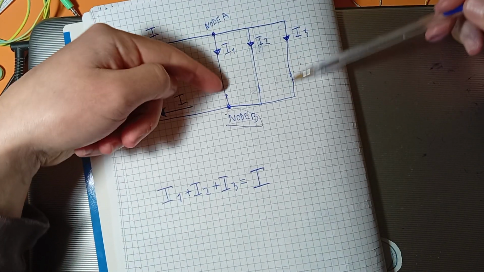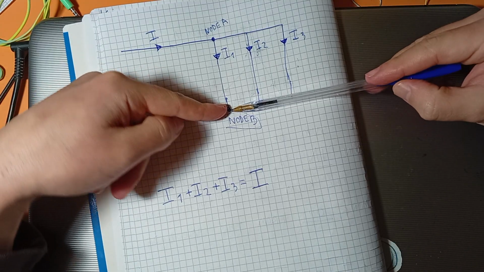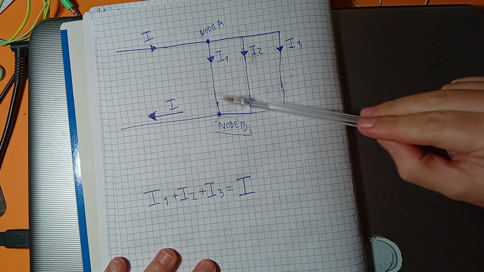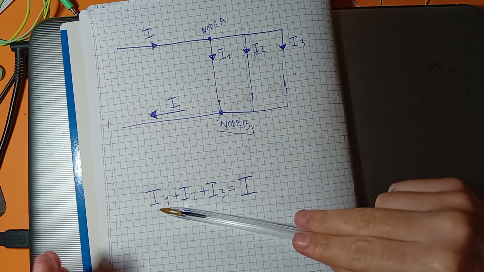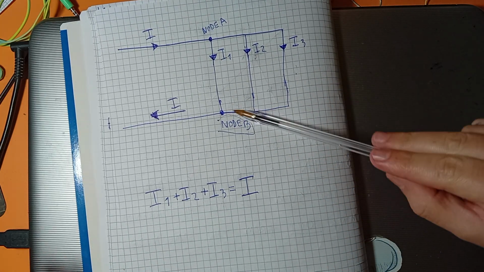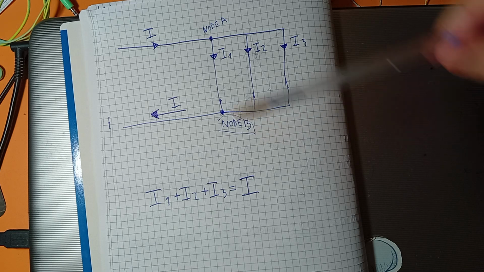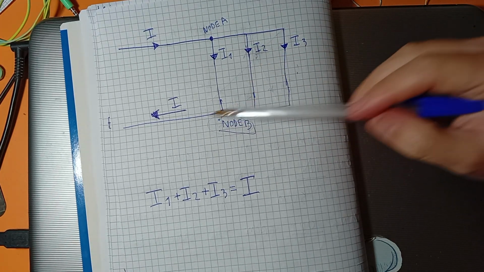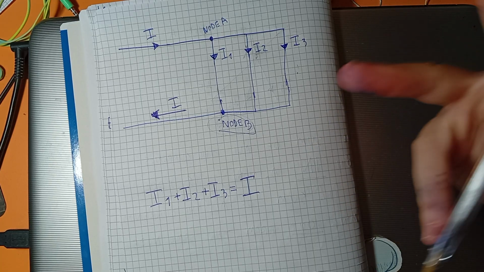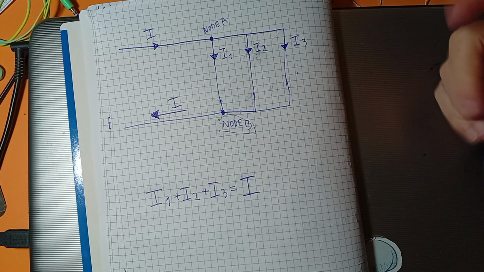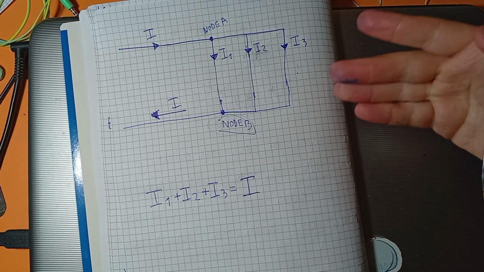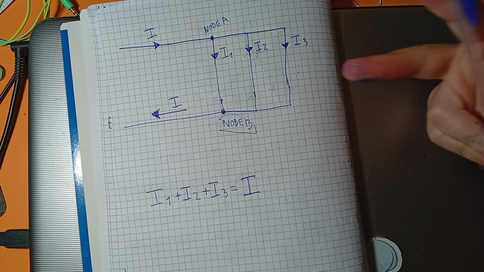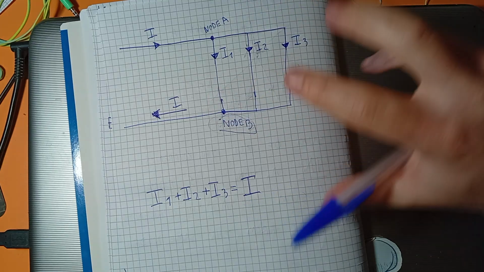I1, I2, and I3 enter, and what comes out is I. So I1 plus I2 plus I3 is equal to I. So this is what happens in node A and node B. This is another way to understand the Kirchhoff principles, but we are still talking about the same thing. This is still the second Kirchhoff principle, just pictured in a different way.